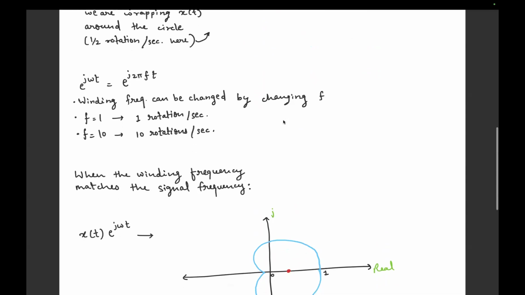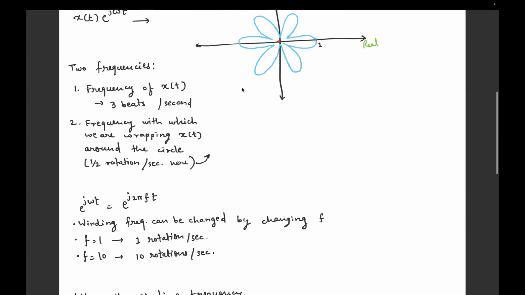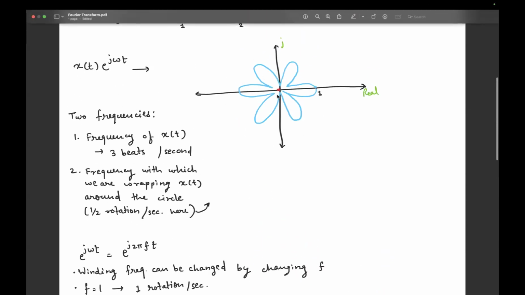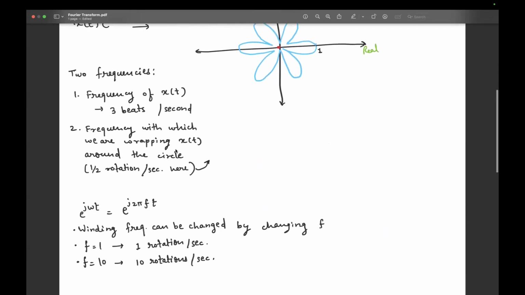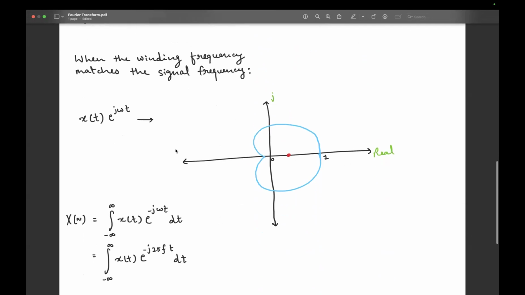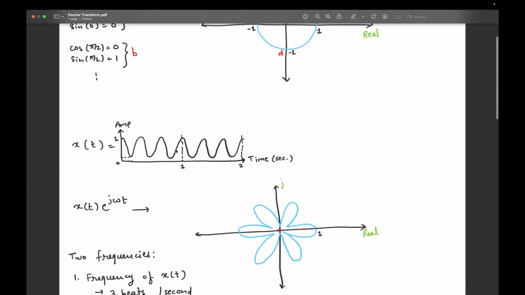Now, what happens when this winding frequency matches the frequency of this signal? When this frequency matches the signal, then for a single cycle of this signal, we will complete one full circle, right?